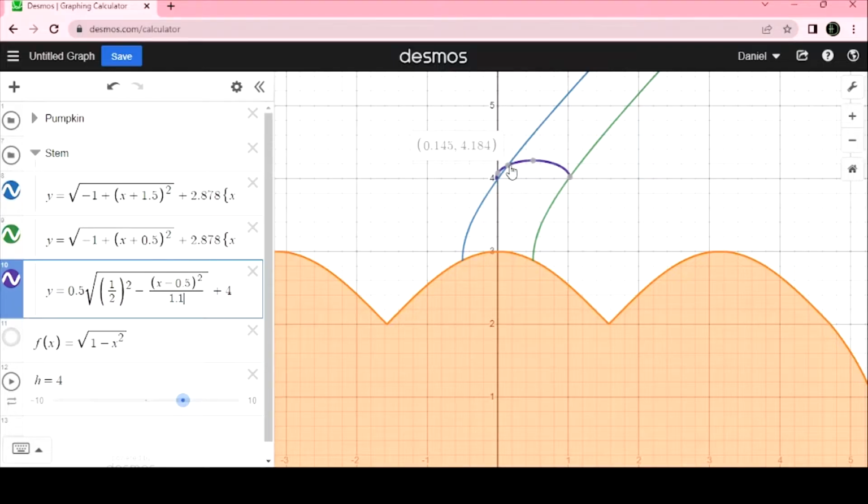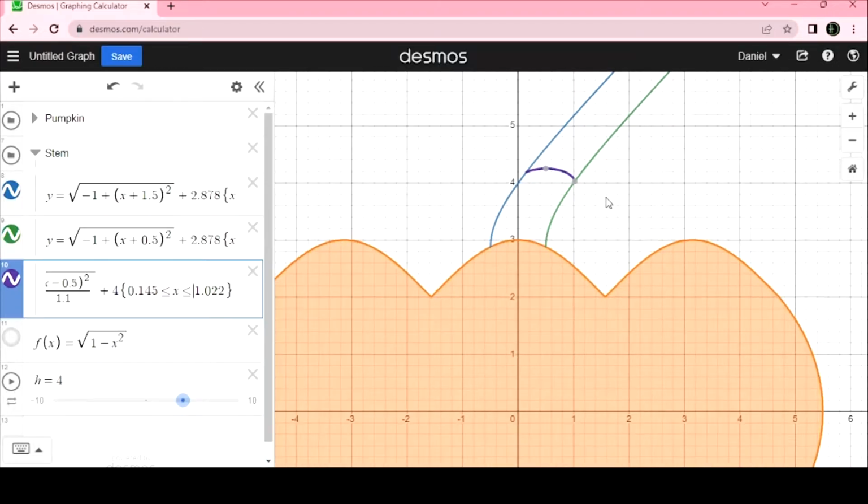And then this would be from 0.145 up to 1.022. Okay.